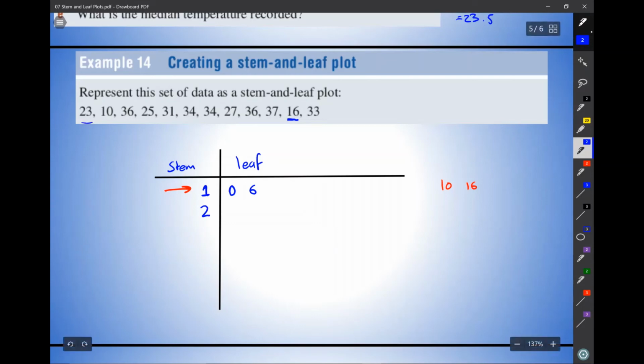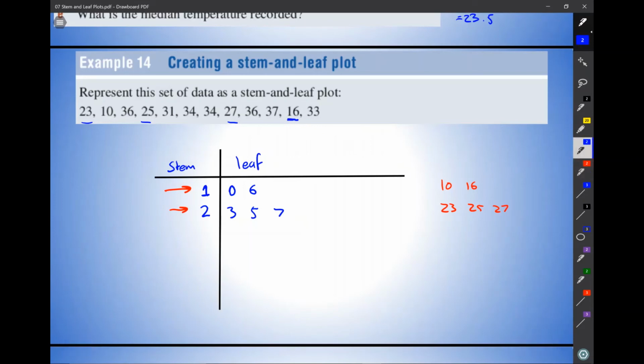And there are 1, 2, there are 3 of those. So we're going to start by writing 23, then we're going to add a 5 to the leaf to represent 25, and then we're going to add a 7 to the leaf to represent 27. So then in this line now, we've got the numbers 23, 25, and 27.